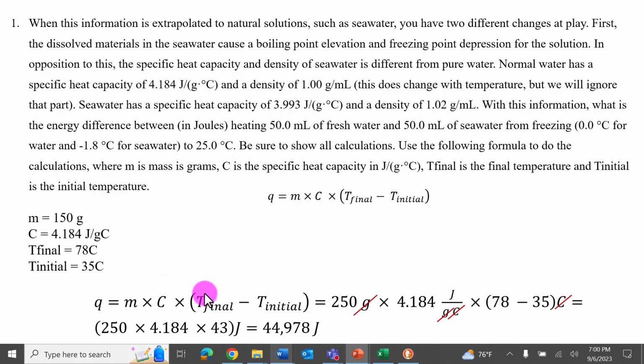Then take the difference between those two, because it's asking for the energy difference. So you will use this formula twice, once for the pure water and once for the seawater, and then you will take the difference in joules between the two, and that's going to be your answer for this part.